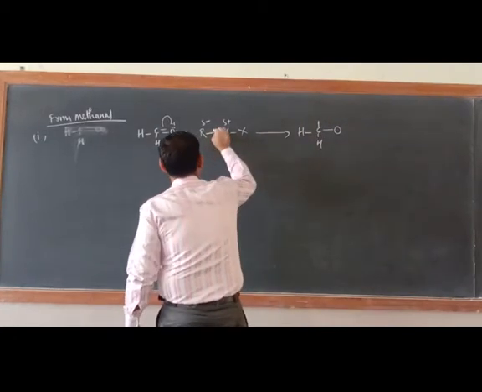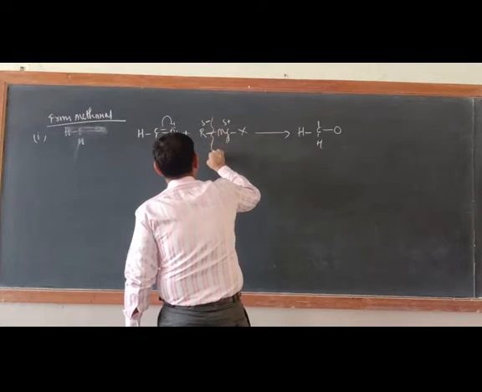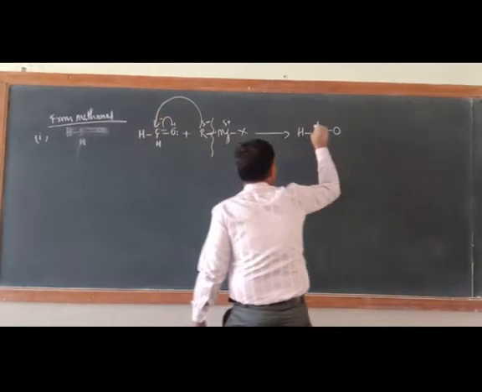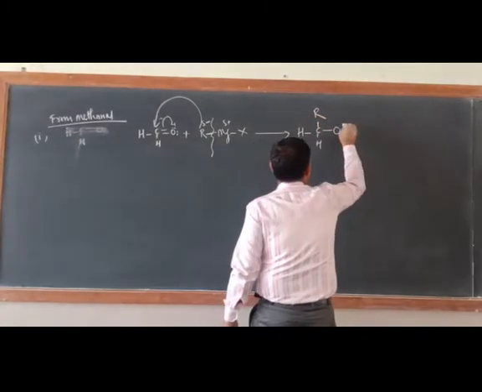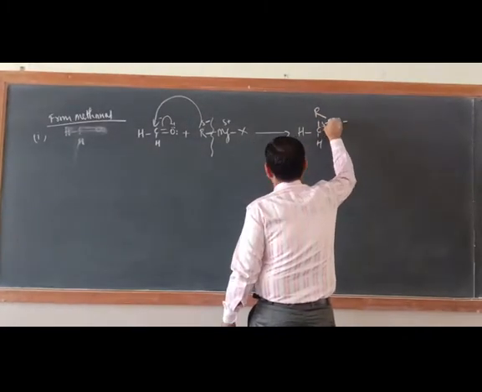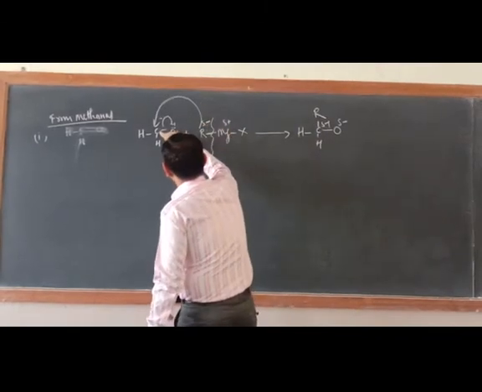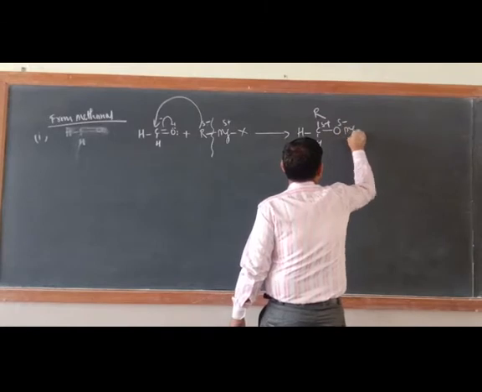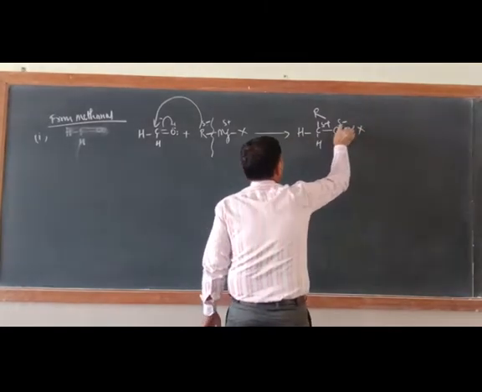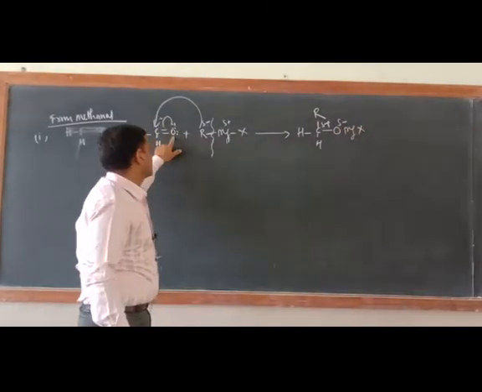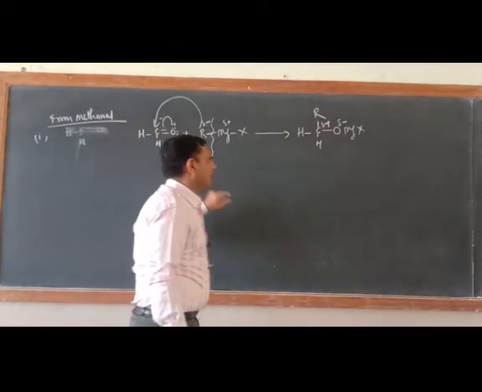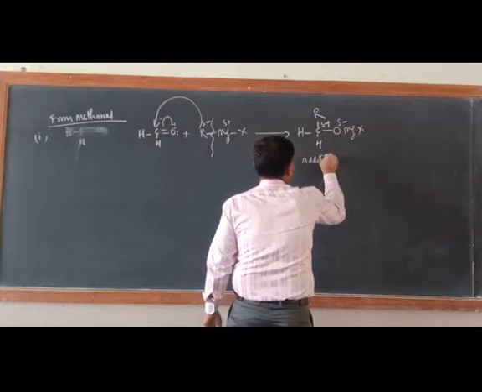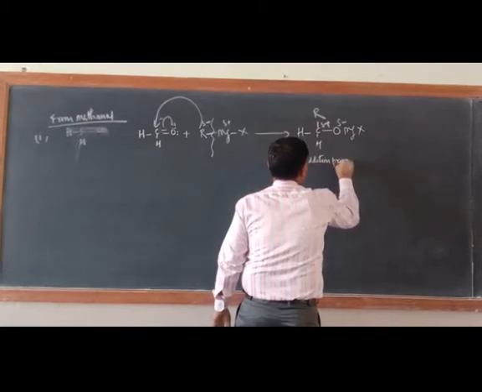Now R will be added here. Negative will be added to the positive part, so R is added, and MgX, the positive part, is added to the negative part, O. So this is the addition product.